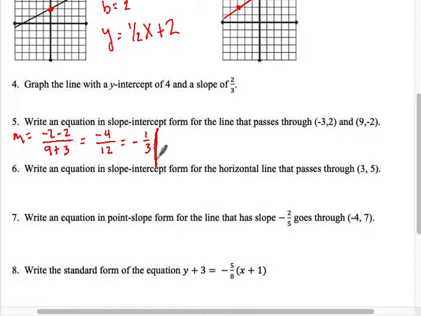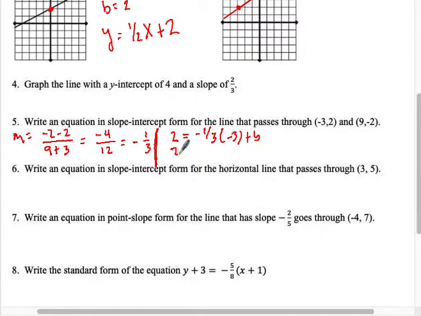That's step 1. Back when we did this lesson, that was step 1. Step 2 is find the y-intercept using one of the 2 points. It doesn't really matter which one we use. I'm going to start with the one that has the smaller numbers. So 2 equals -1/3 times -3 plus b.